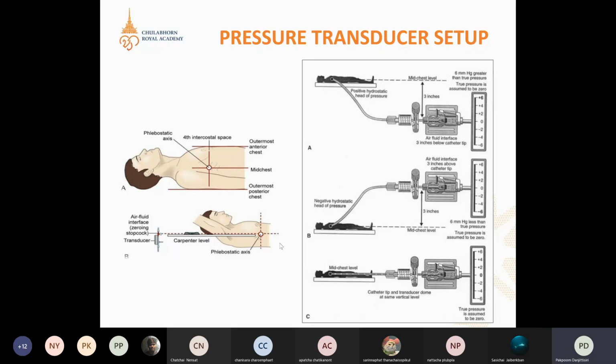Let's say the pressure transducer is placed higher than the phlebostatic level, at every 10 centimeters, the pressure that you detect will reduce about 7.4 millimeters of mercury.